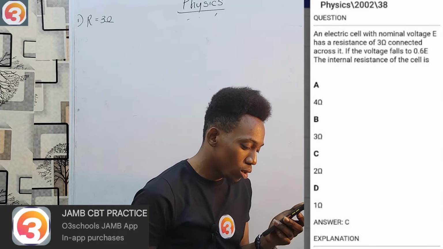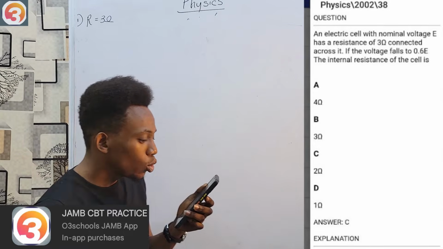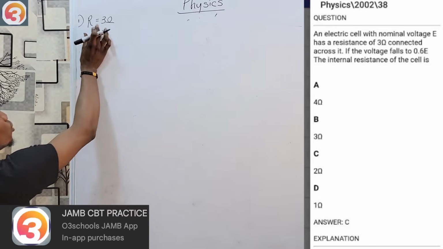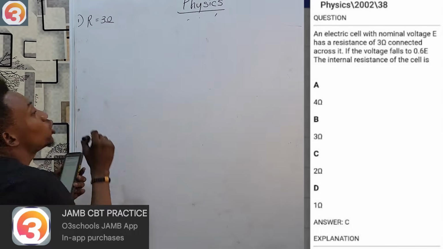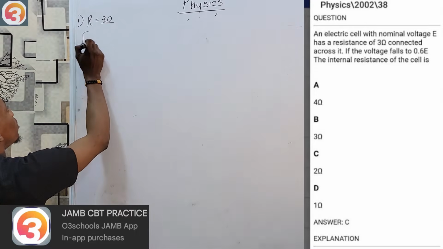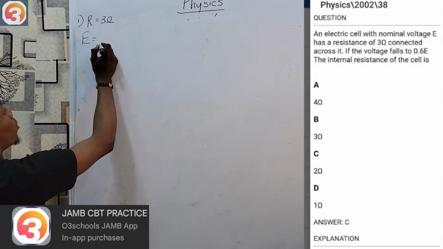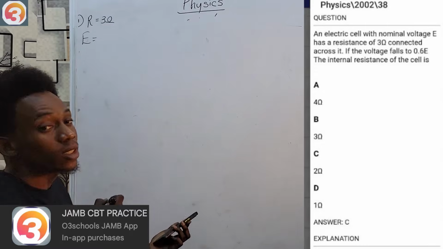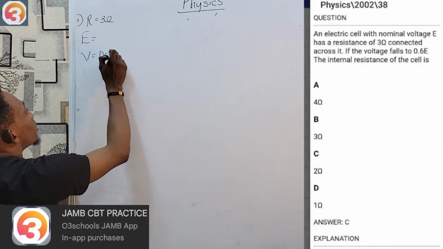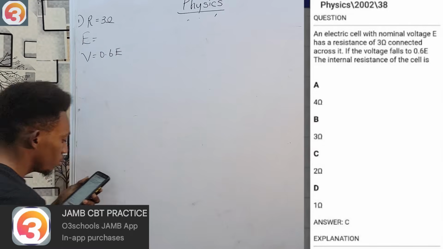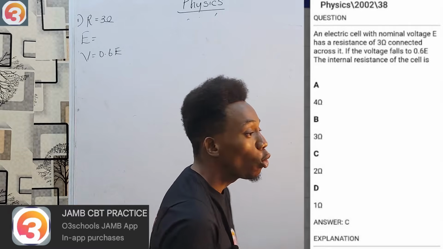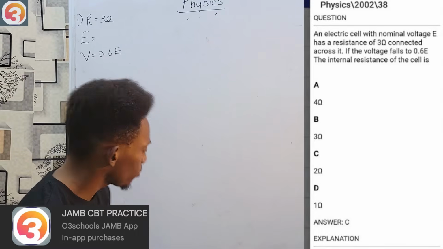If the voltage falls to 0.6 E, now once you connect this, the voltage then drops to 0.6 E. Means initially E was supposed to come out, but once I connect my resistance, what I then get coming out is 0.6 E. We're then asked, what is the internal resistance of this cell?